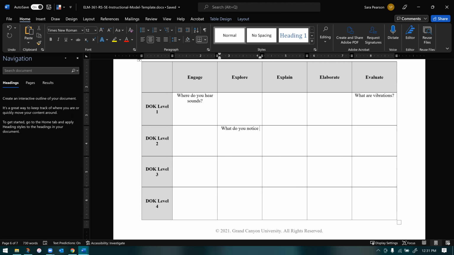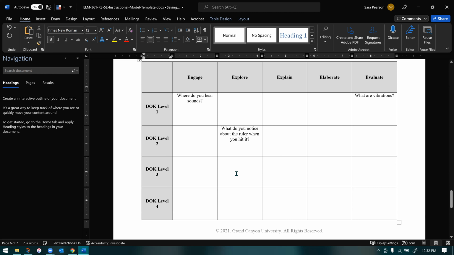So what do you notice about the ruler when you hit it? So I would want them to be noticing sound comes out. I would want them to notice the moving and the shaking or the vibrations, because I'm trying to lead them to that. So there's a little problem solving there, but there's not really this deeper level, the multi-step, justifying their thinking.